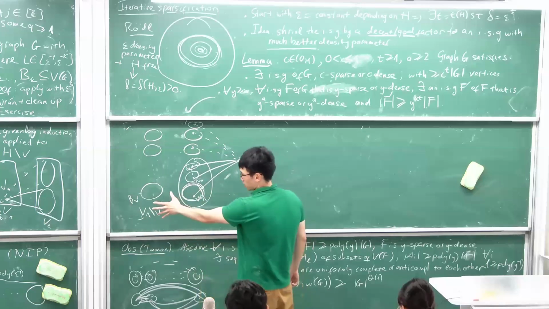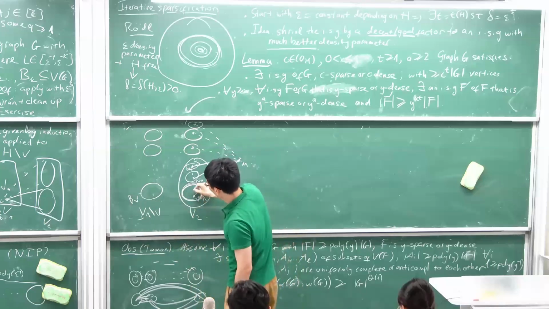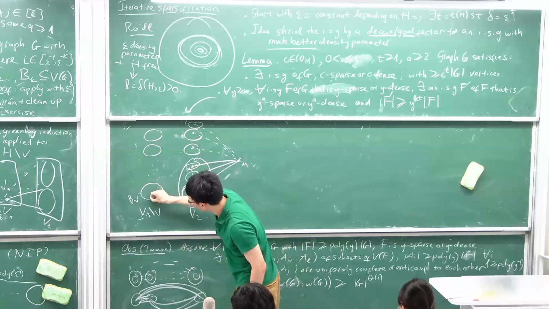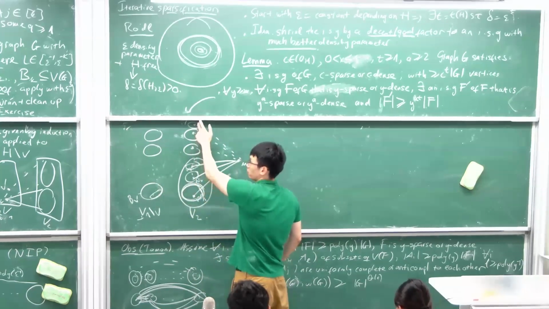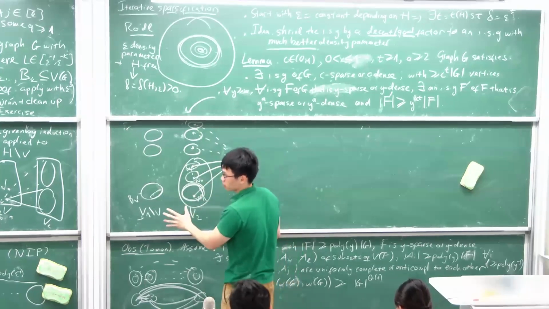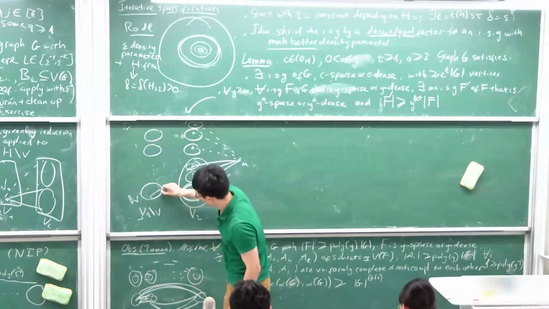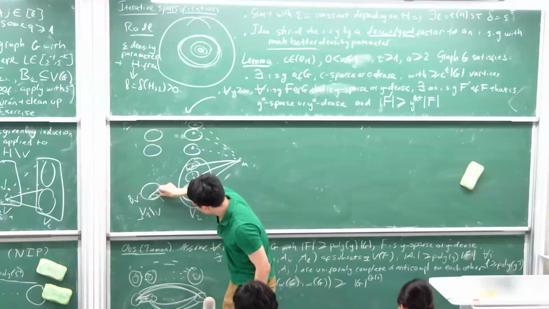Let me say that's V V prime. And now I'm going to get rid of the vertices in V V prime with the wrong adjacency to all of these embedded vertices. And I can do that because of the max or the min degree condition. So get rid of them.